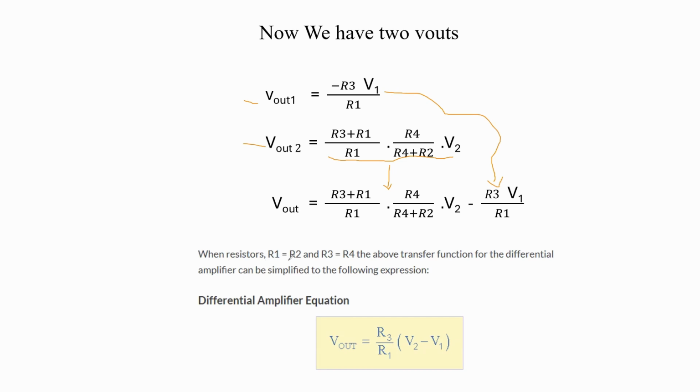When we have equal resistances, R1 and R2 equal, and R3 and R4 equal, then we can obtain this simplified equation.